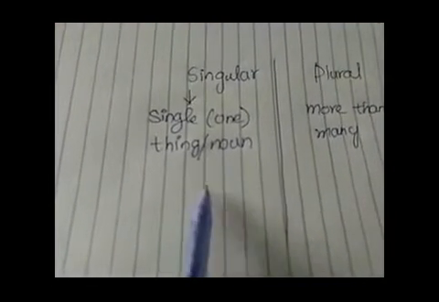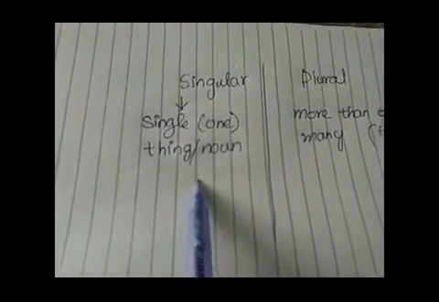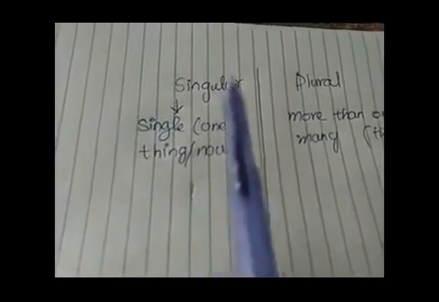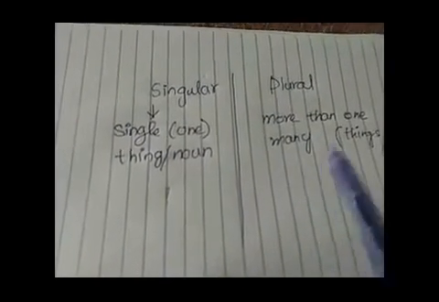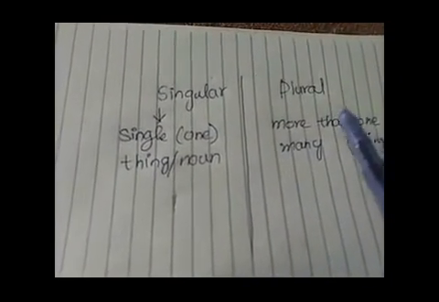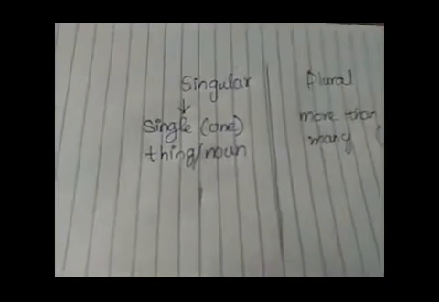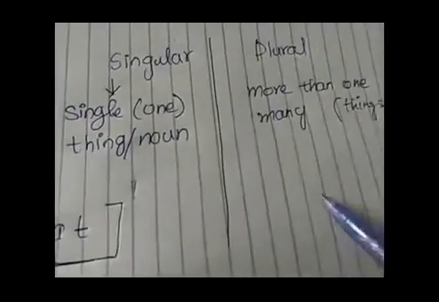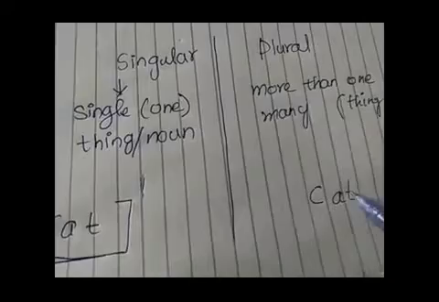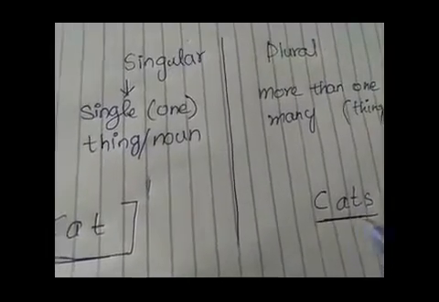The thing that is single, that is one in number, will be called a singular noun, and those things that are more than one in number are going to be referred to as plural. For example, there is a single cat. One cat will be singular, and more than one cat, if I add s to it, it becomes plural.